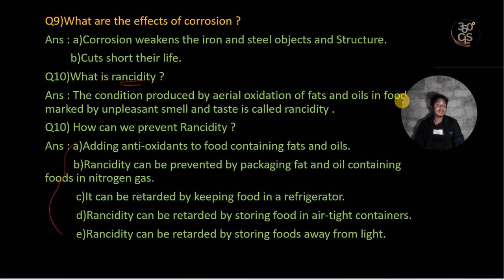Then rancidity can be retarded by storing food in airtight containers. Then we can also retard rancidity by storing foods away from what? Light. So these are the five ways by which we can prevent rancidity in our home.